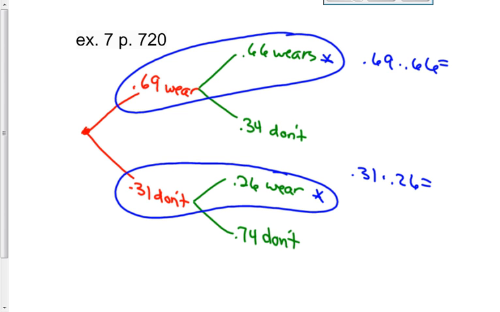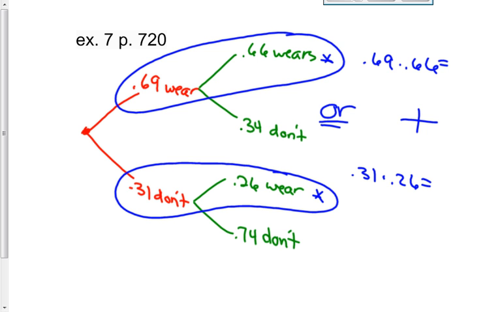I need to come up with these two answers, and the key here is the word or. They wear the seatbelt if the parent does, or they wear a seatbelt when the parent doesn't. And when I have or with probability, I need to add them together.